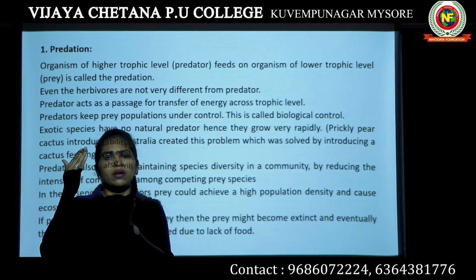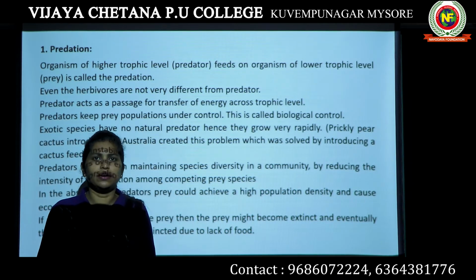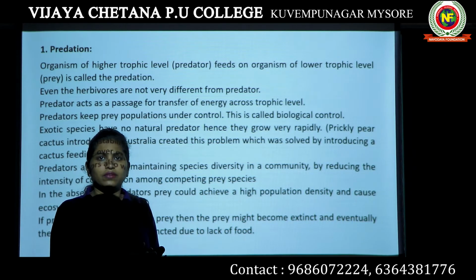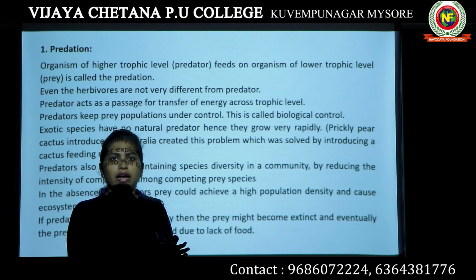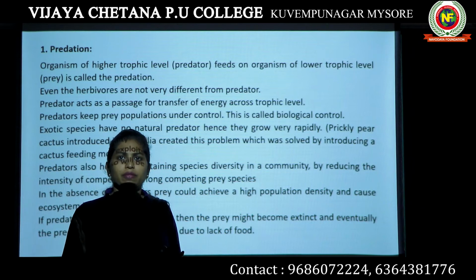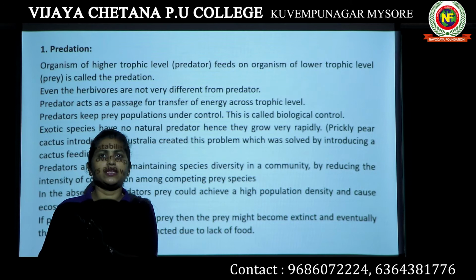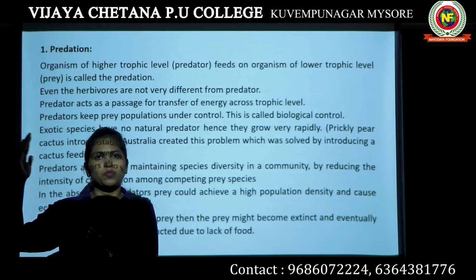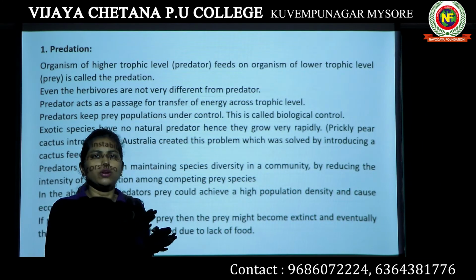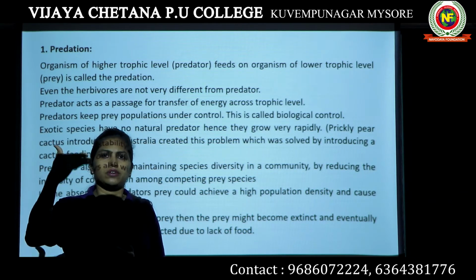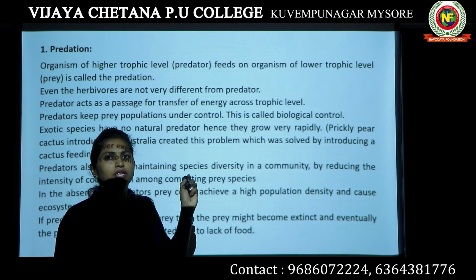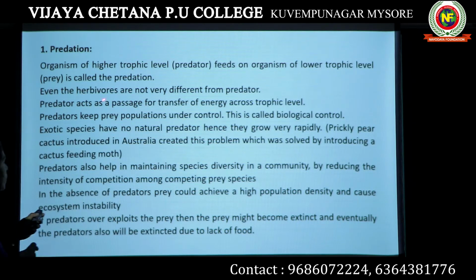If a deer is eating grass, the energy from the grass is transferred to the deer. If the deer is eaten by a tiger, the energy from the deer is transferred to the tiger. So in order to pass energy across different trophic levels, predation is very, very important.